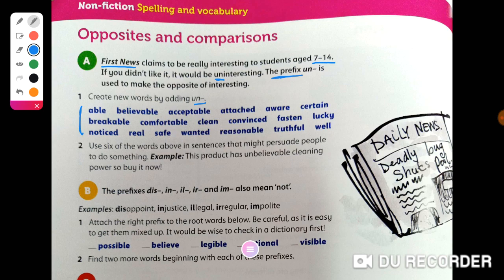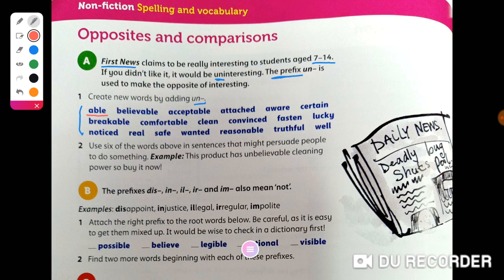Able means that you're able to do something. Let's use a different color. You can do something. Believable, something that you can believe. Acceptable, something that you can accept. Attached is when you, for example, attach a picture to your CV or to the email. You link or you join two files together.